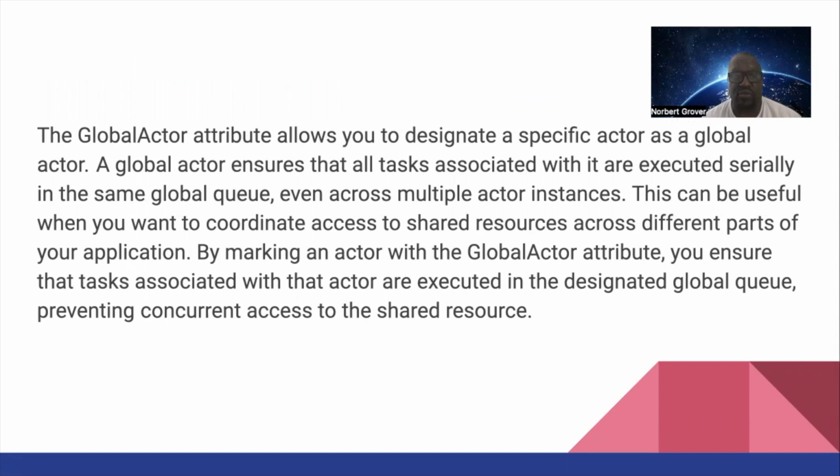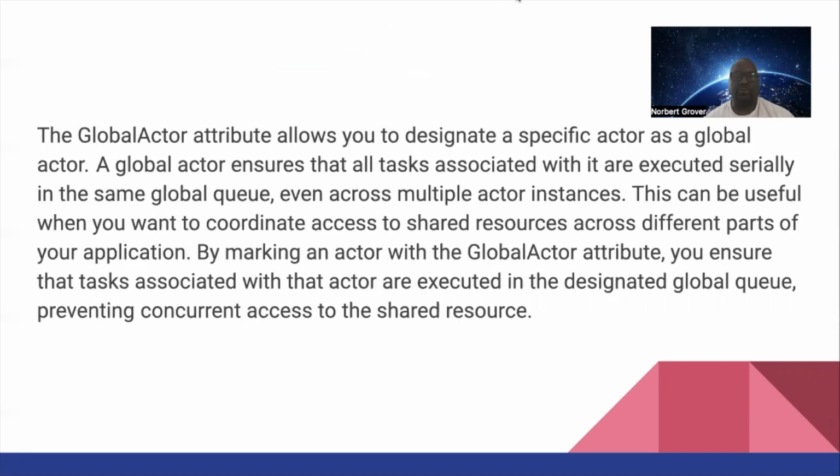This can be useful when you want to coordinate access to shared resources across different parts of your application. By marking an actor with the global actor attribute, you ensure that tasks associated with that actor are executed in the designated global queue, preventing concurrent access to the shared resources.